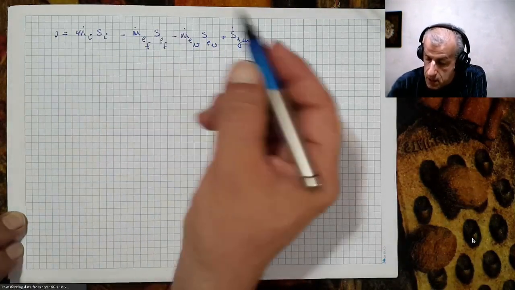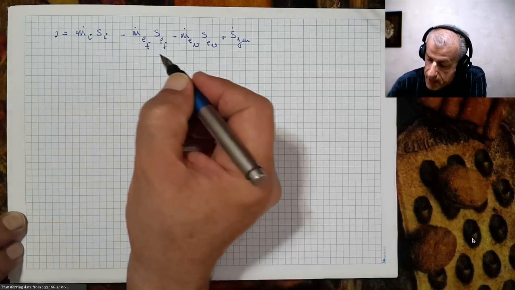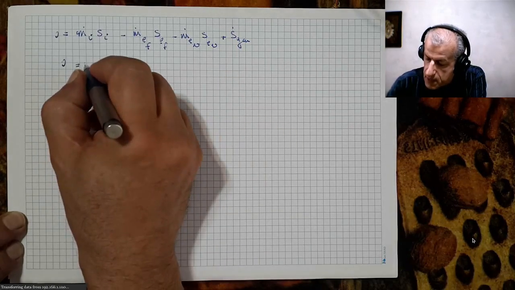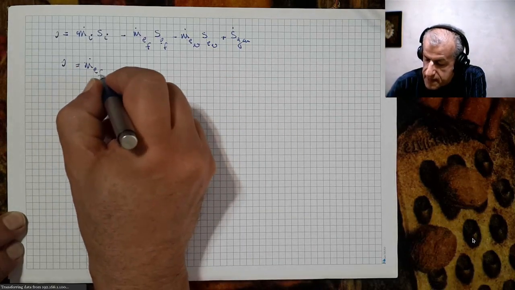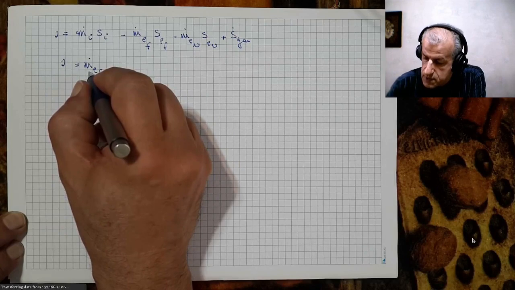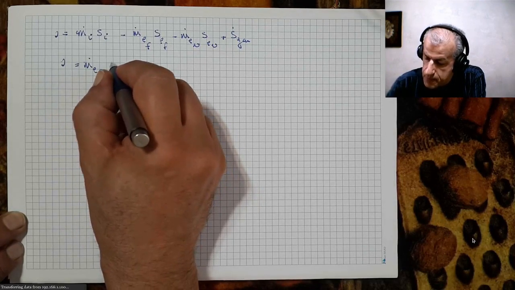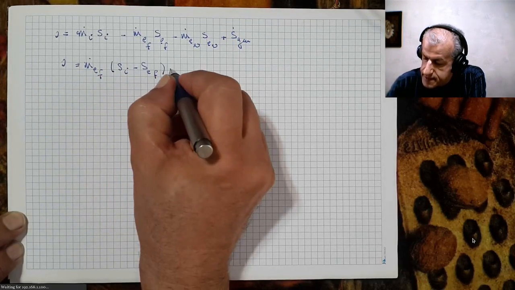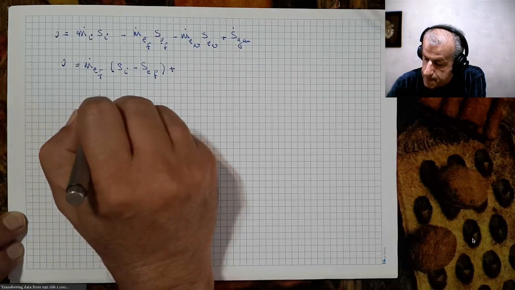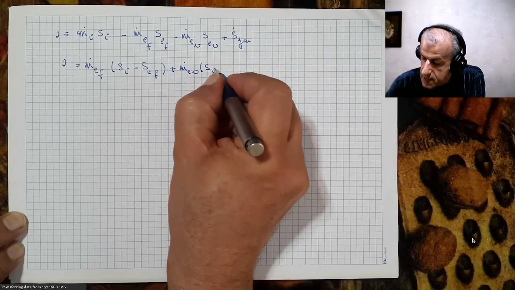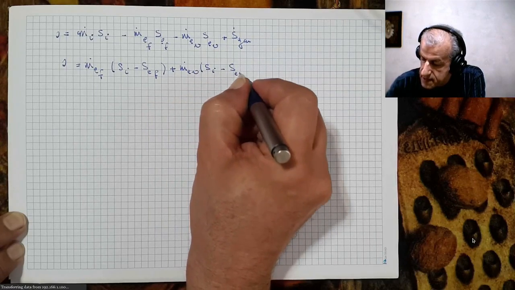So we can also write this equation as 0 equals m dot EF, that's the fluid that was fluid and remained fluid, times Si minus SEF, plus m dot EB times Si minus SEB.